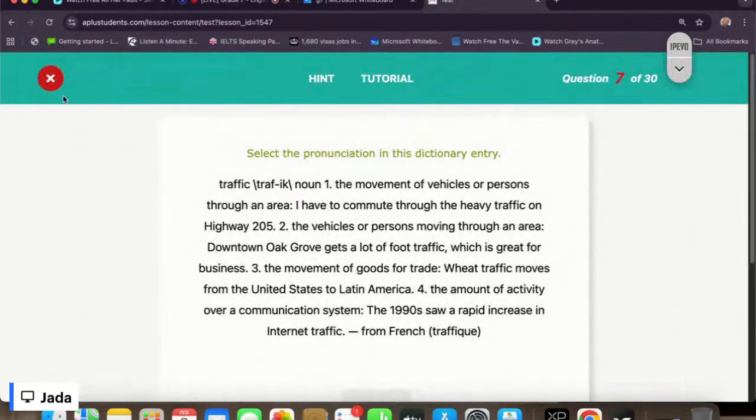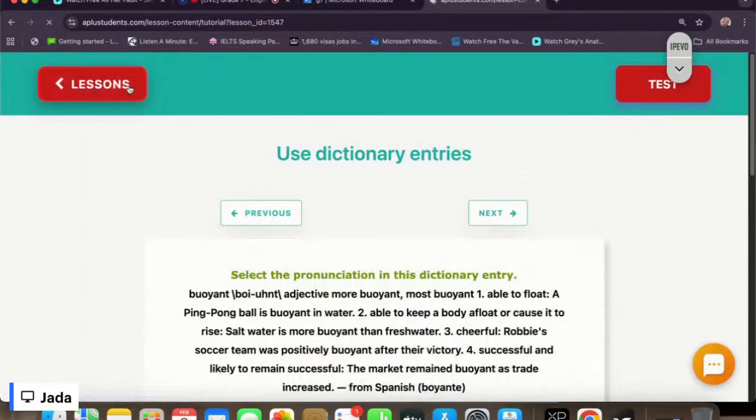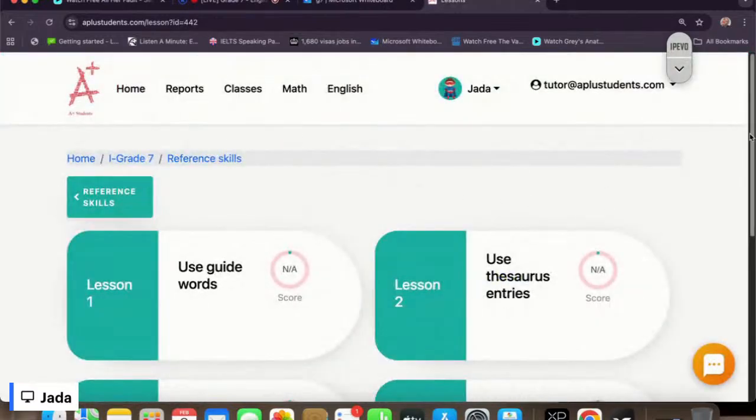All right, that's it for this lesson. We'll move on to the next one. So make sure you complete use dictionary entries if you haven't done it.